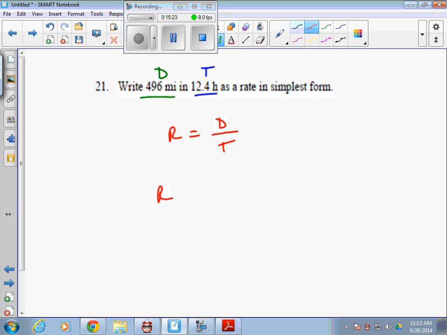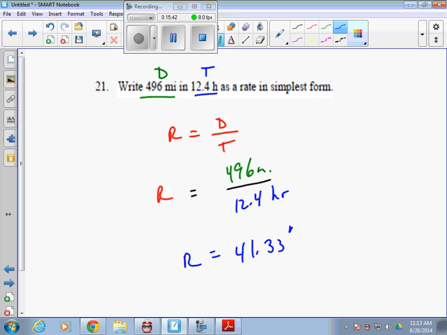So your rate is equal to 496 miles over 12.4 hours. So 496 divided by 12.4 gives you 41.33, and it continues, as your rate. So 41.33 miles per hour.